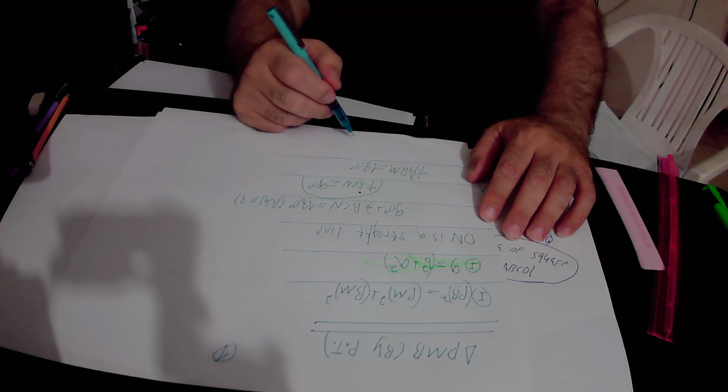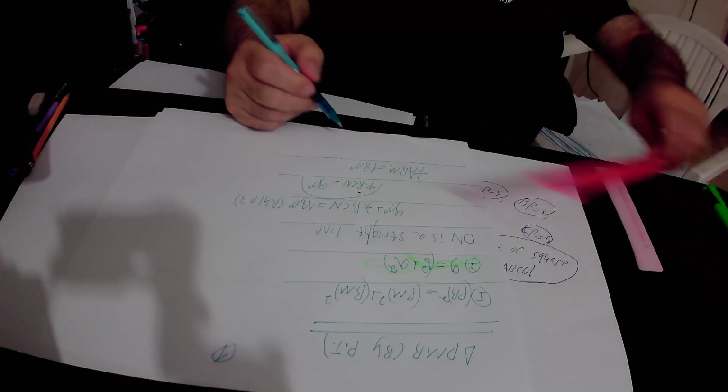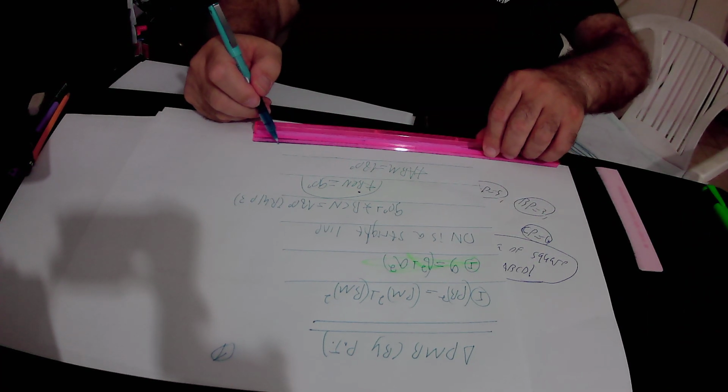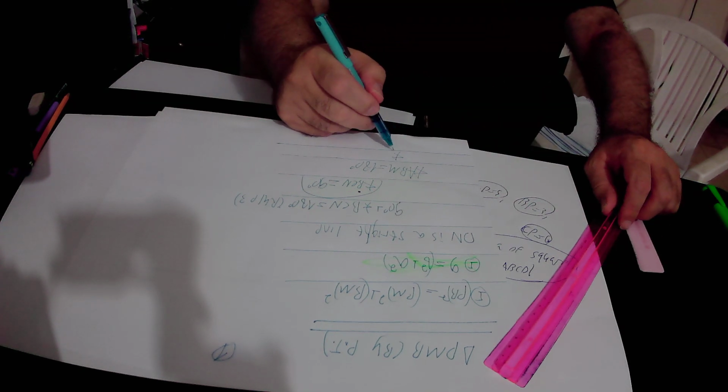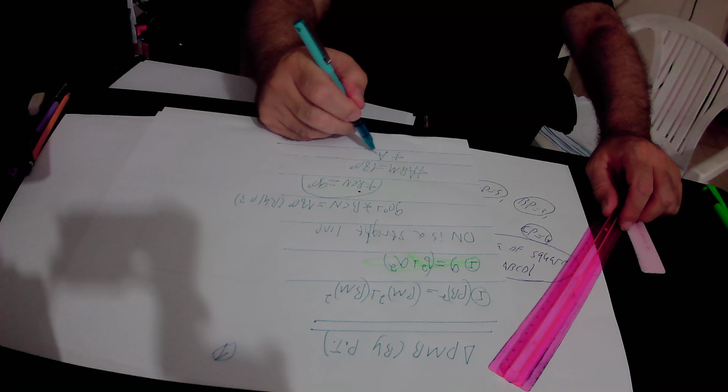and any angle that is equal to 180 degrees must be a straight line. Therefore, angle ABM is a straight line.